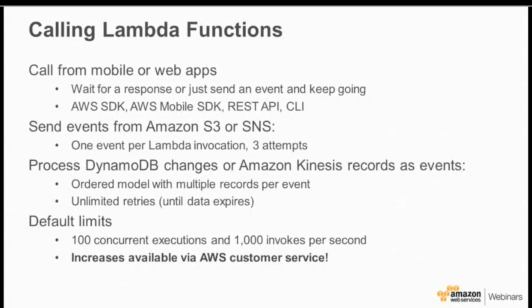Now, we didn't look at it in this demo, but you can take a look at the re:Invent YouTube video where we announced Lambda. And in that breakout session, we have a demonstration of hooking up Lambda to Amazon S3, such that every time an image is uploaded, a thumbnail is automatically created in that same bucket. So you can also send these events from S3 or from SNS. And for all of those approaches, all of those sources, every time you send an event, we'll try up to 3 times to get your code to work.